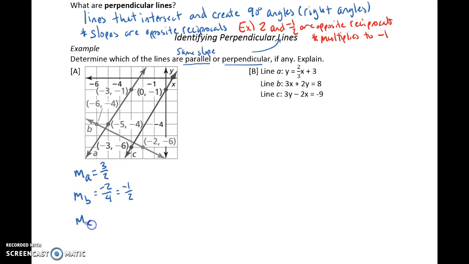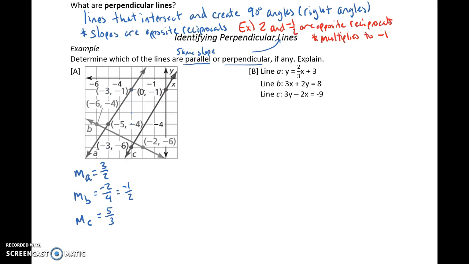And then finally, I'm going to check out C. So C is this one over here. And again, I can count rise over run, or I can use the slope formula. So I'm going to go up 1, 2, 3, 4, 5 over 1, 2, 3. So that's going to be 5/3. And then we'll see that none of these slopes are either the same or opposite reciprocals.